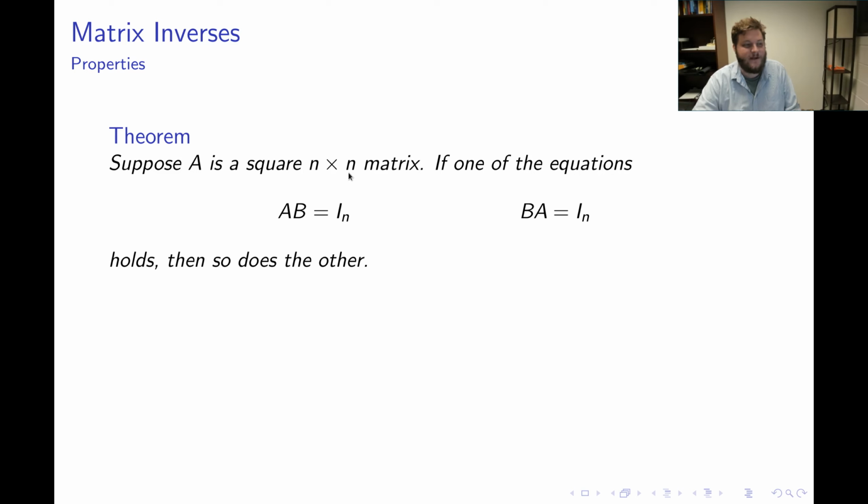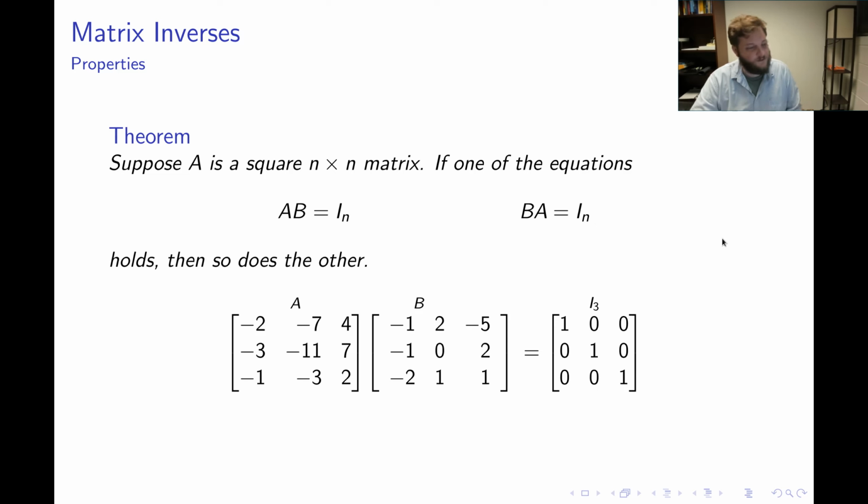So if my matrix is square, well, it turns out that if I multiply on the right by another matrix and produce the identity matrix, that automatically tells me that multiplication on the left by that matrix also gives me the identity, and vice versa. In other words, if I know that I'm dealing with square matrices, A times B equals the identity is the same thing as saying B times A equals the identity.